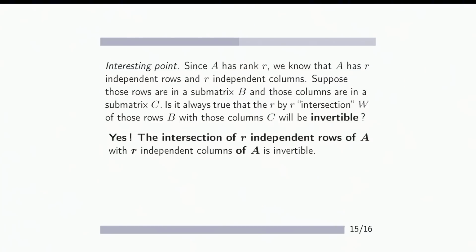And the theorem is that if I find R independent rows, which there are in the row space, and I find R independent columns, so suppose the rows are in a matrix B with R rows, the columns are in a matrix C as before with R independent columns, then where B meets C, I claim, is an R by R matrix that's invertible.